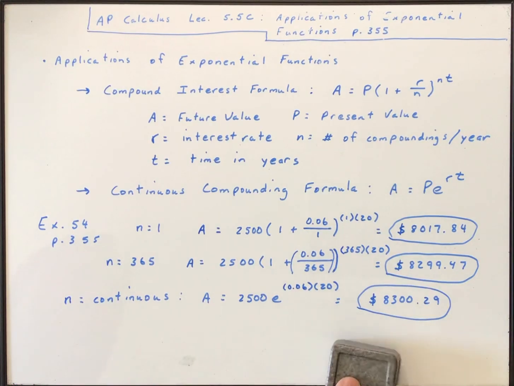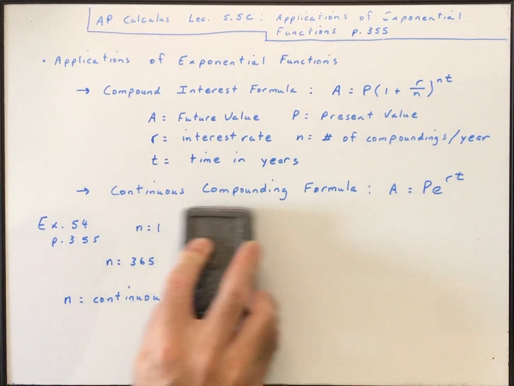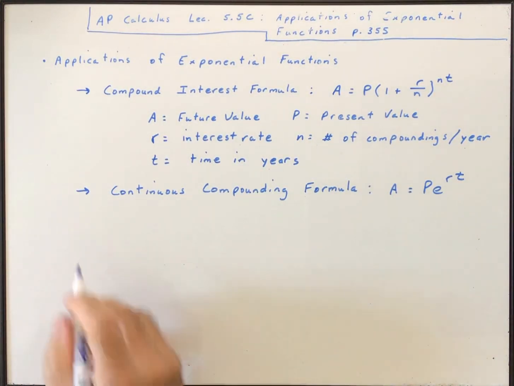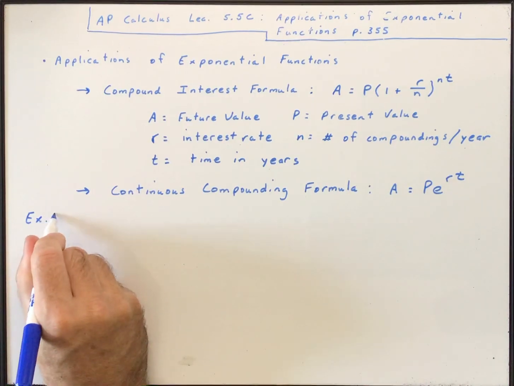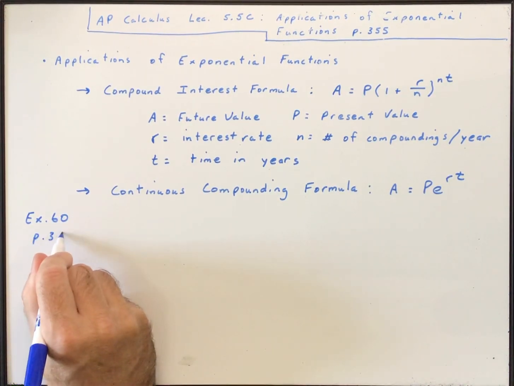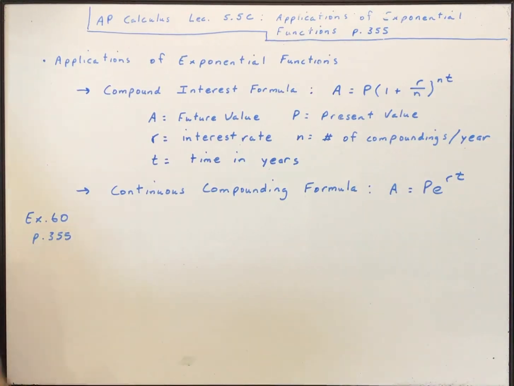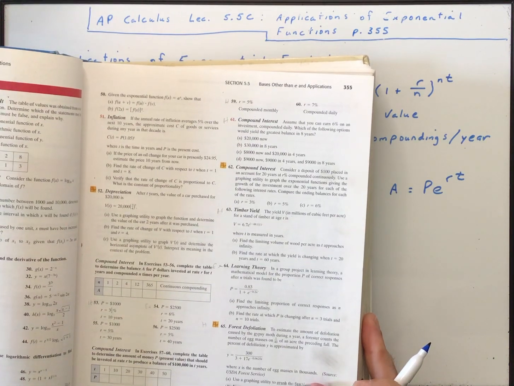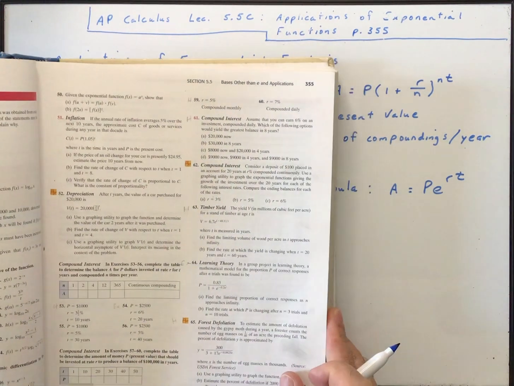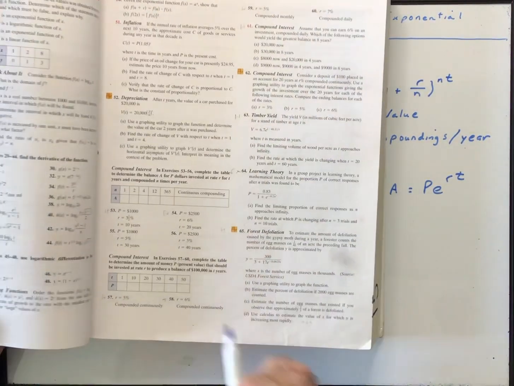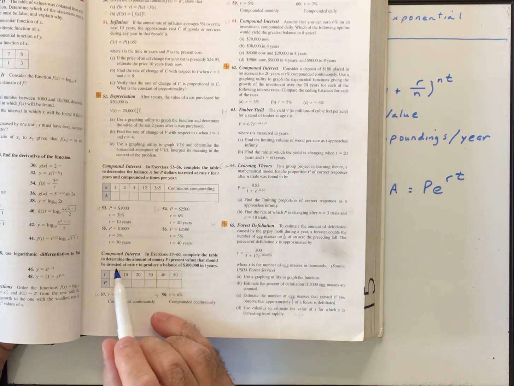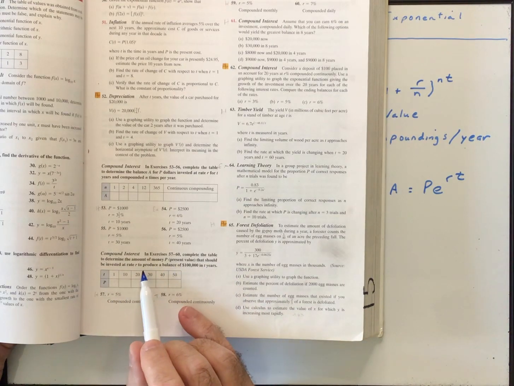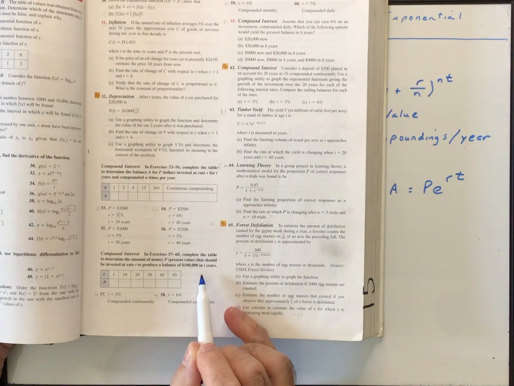All right, I'm just going to erase this little part here. We'll do example 60. In exercises 57 through 60, complete the table to determine the amount of money P that should be invested at rate R to produce a balance of 100,000 in T years.